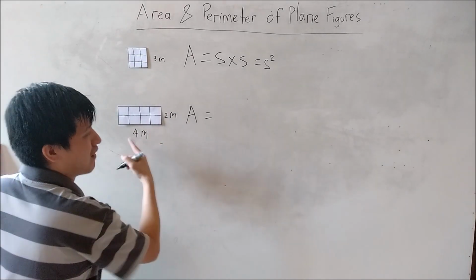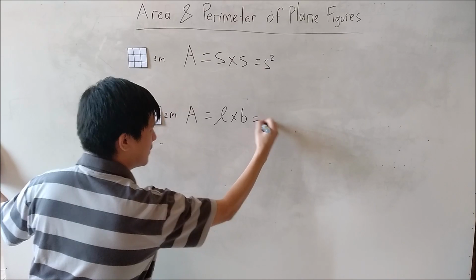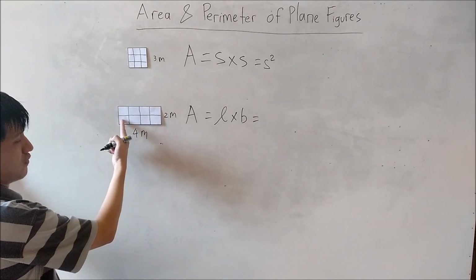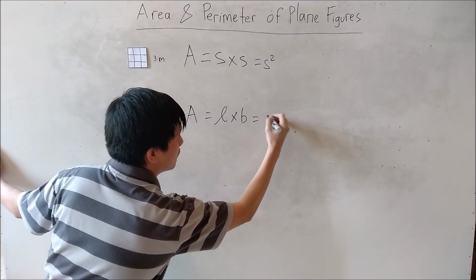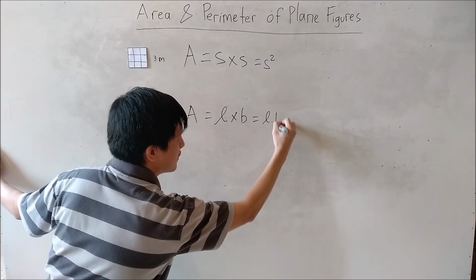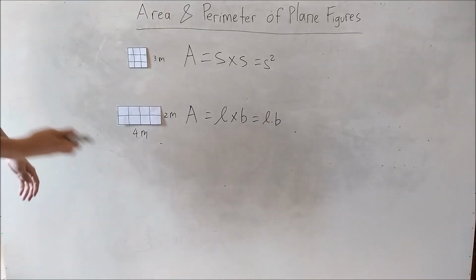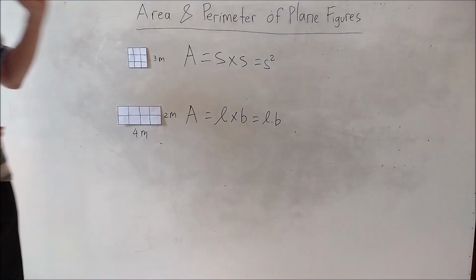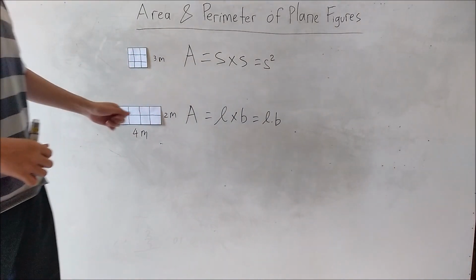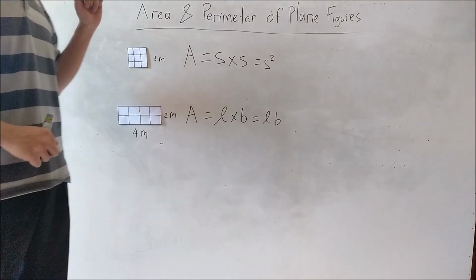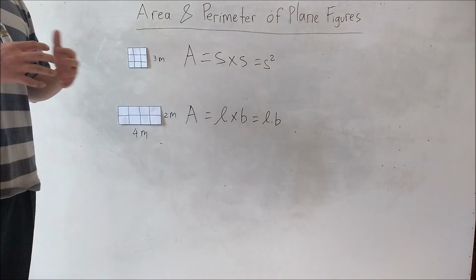And that's how we get length times breadth, because it's actually 4 times 2. So length times breadth. Usually you can write it like this, because this small dot can be read as times. So that's about the square and the rectangle. Actually, these two are the basis of other 2D figures.